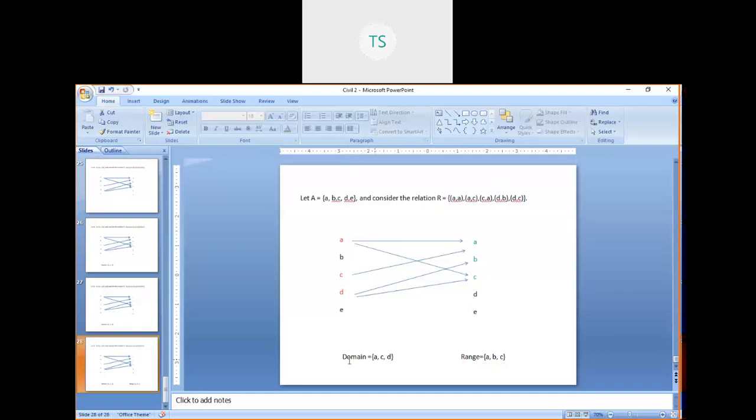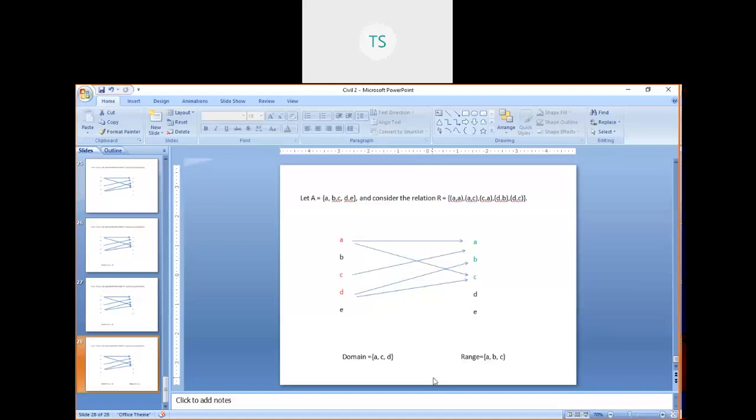So this forms the domain of R. And range is the elements of the second set which are the endpoints of the arrow. These elements are A, B and C. So range is equal to A, B and C. Always remember that domain is from the first set and range is from the second set.